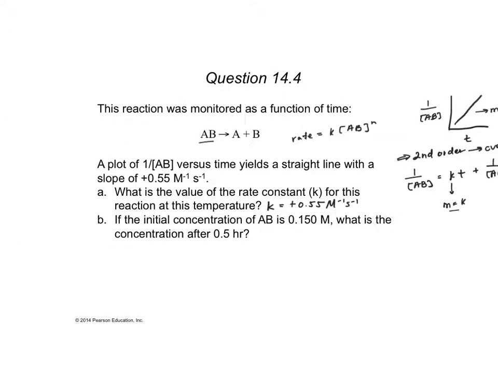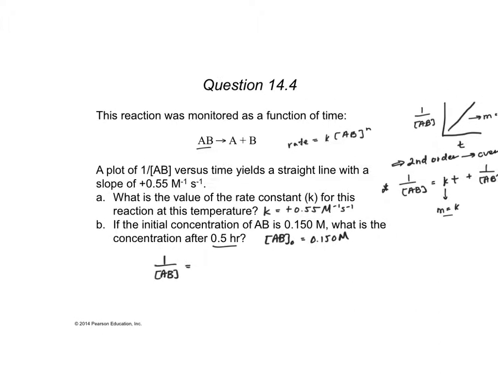All right, so then in B, if the initial concentration of AB, AB naught, is equal to 0.150 molar, what is the concentration after 0.5 hour? This is when we would actually utilize this integrated rate law and solve for the concentration after half of an hour.